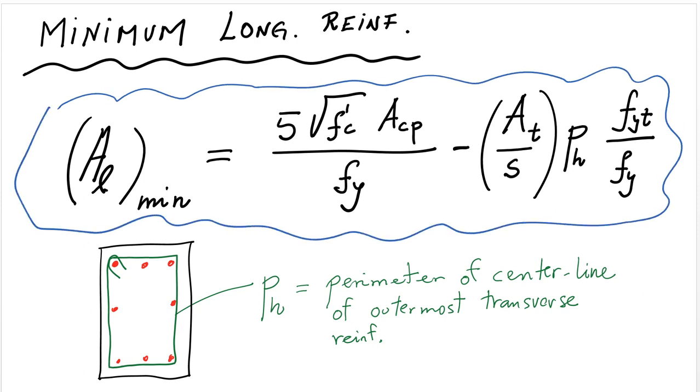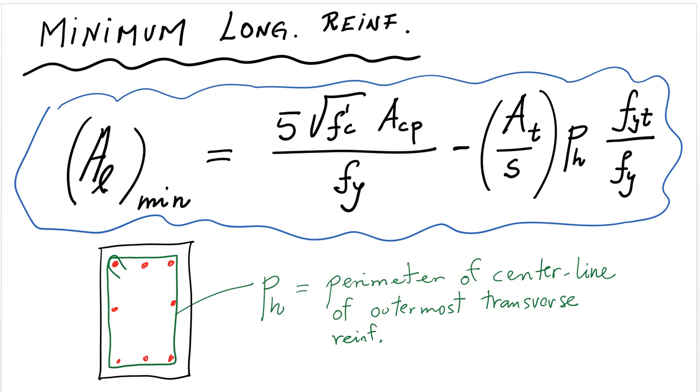So that's 5 times square root of f prime c times Acp, which we have already discussed, divided by fy, minus At divided by s times ph times fyt divided by fy.